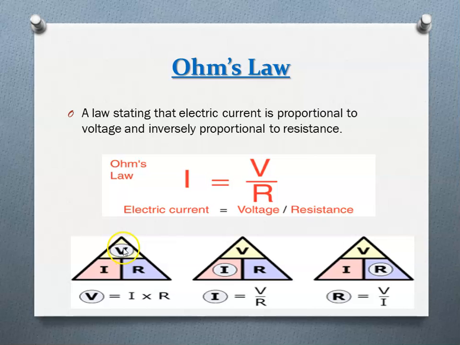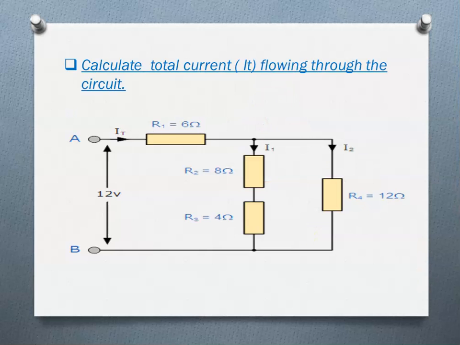If you want to calculate V, it will be the product of these two, I into R. If you want to calculate I, it will be the ratio of V upon R. If you want to calculate R, then R will be the ratio of voltage and current. In this way, you can remember the relation between current, voltage and resistance, which is stated by Ohm's Law.